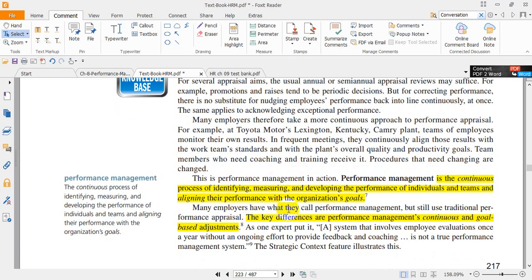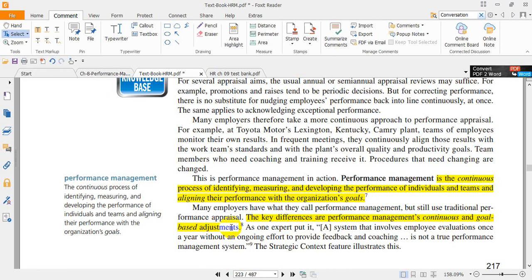Many employers have what they call performance management but still use traditional performance appraisal. The key difference between performance management and performance appraisal is that performance management involves continuous and goal-based adjustments.